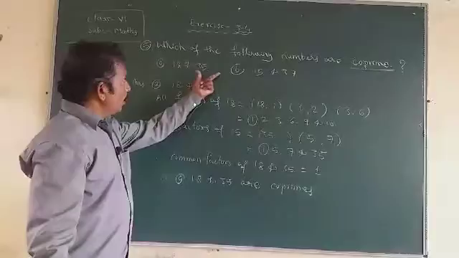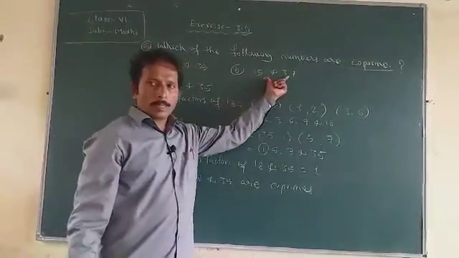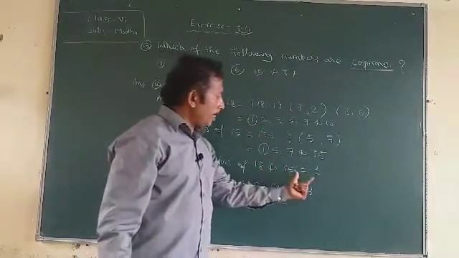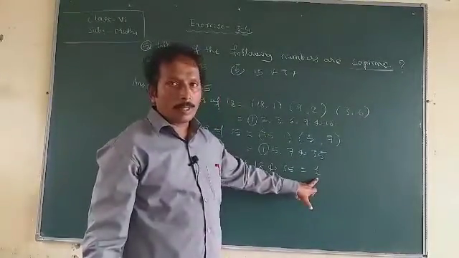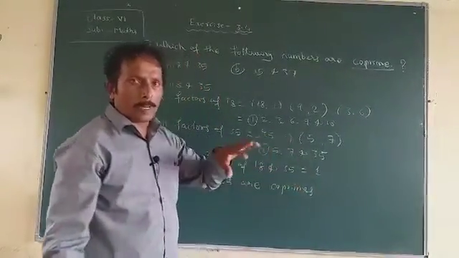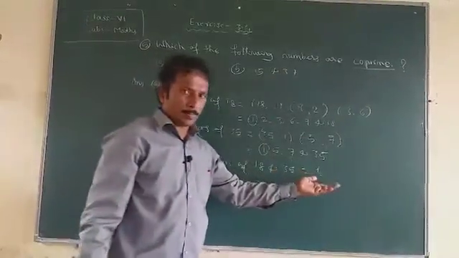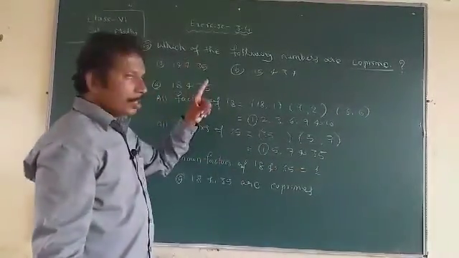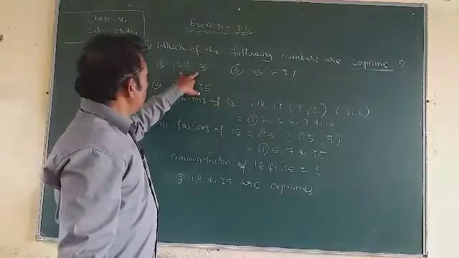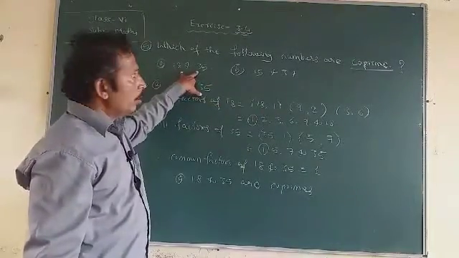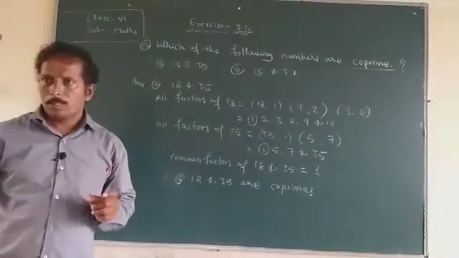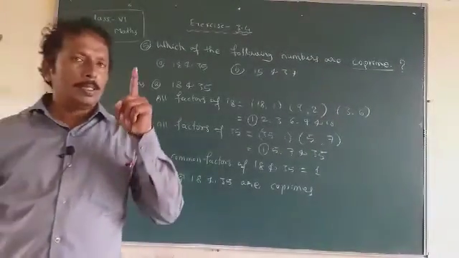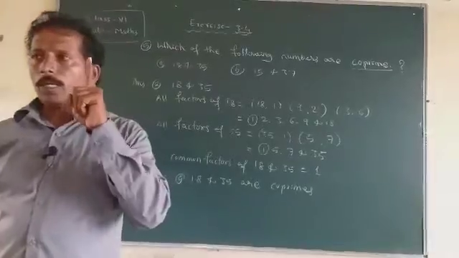If in any two numbers we get common factors other than 1, then give the answer that the given two numbers are not co-prime, because co-prime numbers always have their common factor only 1.